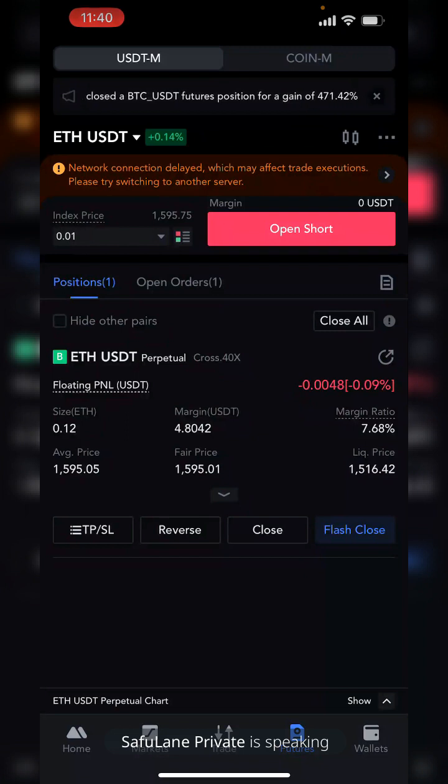When I put it at isolated mode, it chooses that money I have, and once the trade goes against me and I get liquidated, I still have more balance on my future trade. But if you are using cross margin mode, you can lose all your money at once, because after your trade has gone against you, it is going to go back to your account to start using the money you have in your future trading balance.